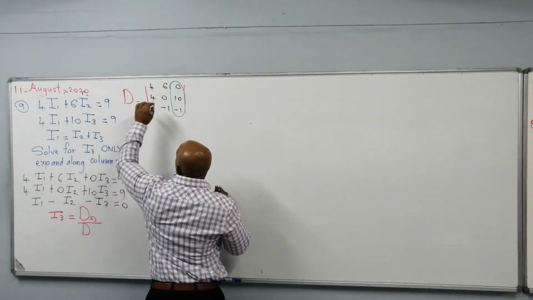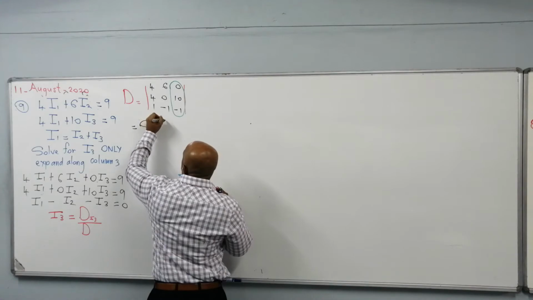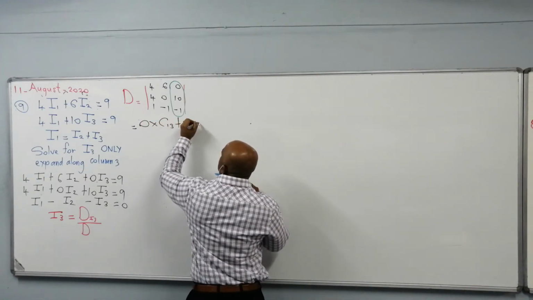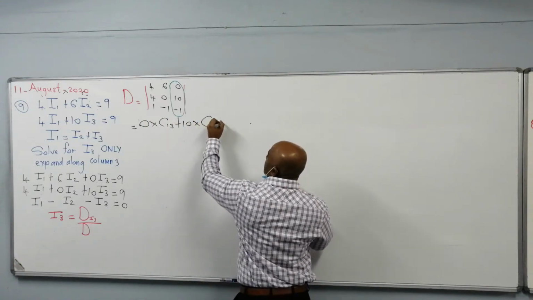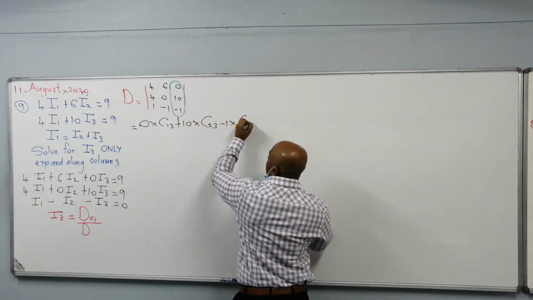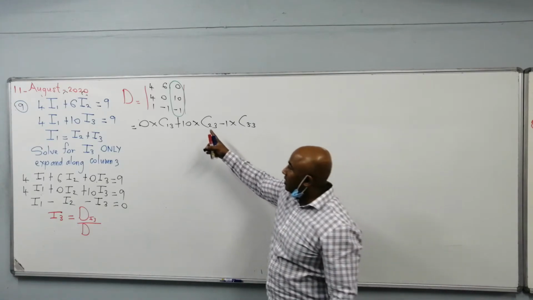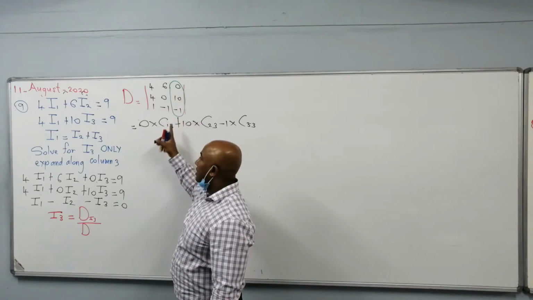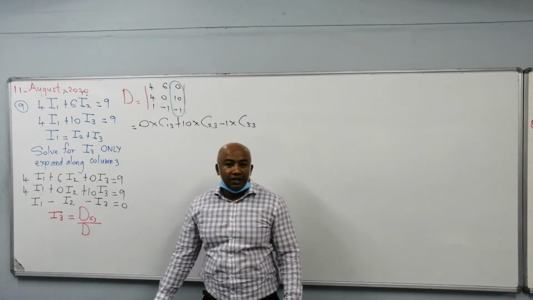So it's going to be 0 times C13 plus 10 times C23, and the last one is minus 1 times C33. That's row 1, column 3, row 2, column 3, row 3, column 3. The columns must always be 3 because we are only using column 3, no other column.